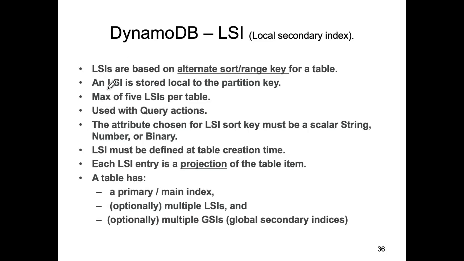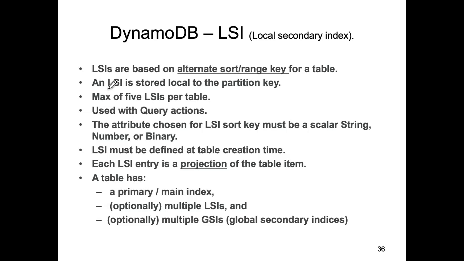The reason we use local in the name of these indices is because a local secondary index is stored in a partition, but it only relates to items on that partition. So if your database is broken up into 4 partitions, then a particular LSI will be broken up into 4 parts.